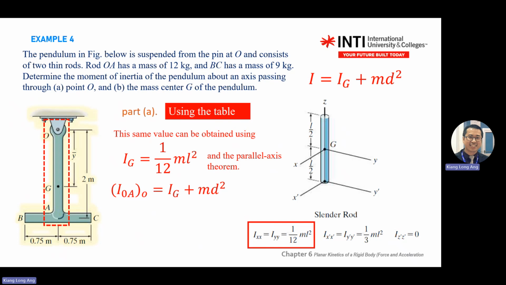If you use the second method that I show on the screen here, where you move your O point into the center, then you have your MD already. But again, you arrive at the same equation after you substitute 1/12 ml squared plus md squared. Where is your D? It's here.